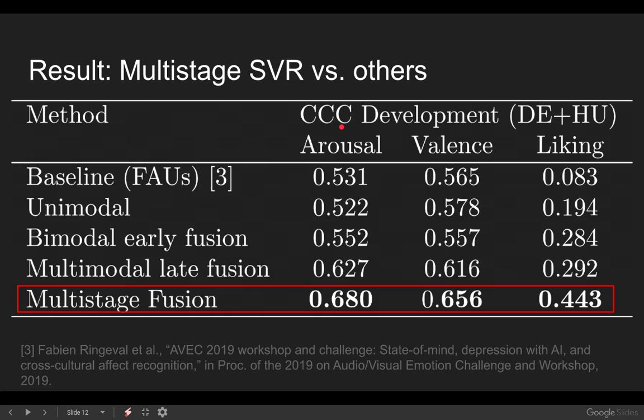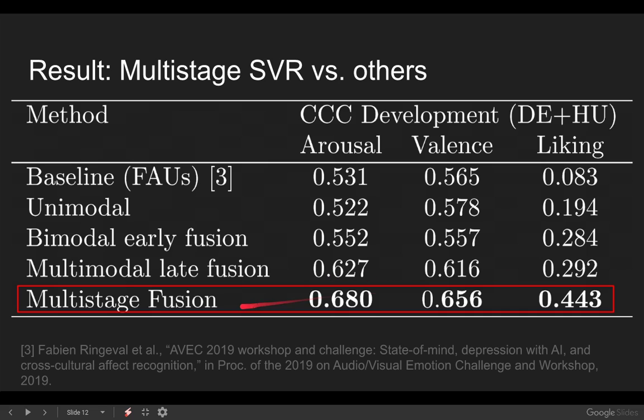This unimodal result is from the previous MTL using acoustic feature only. We already improved here, particularly on valence, and we use bimodal early fusion by concatenating acoustic and visual features, and we improved, particularly on the liking dimension. Then we use one stage SVR, which we call multimodal late fusion, and we improved again in all dimensions.